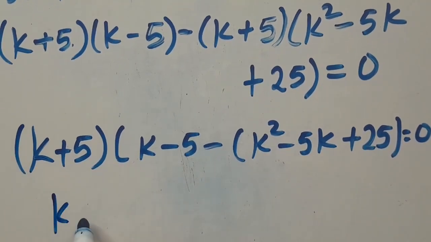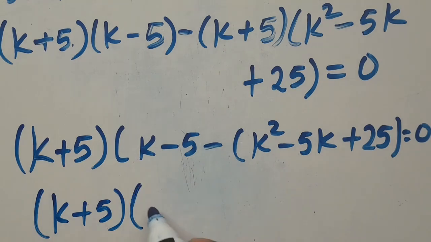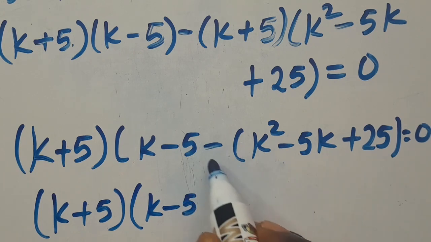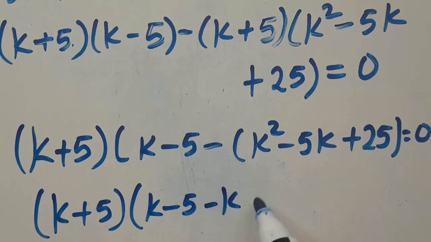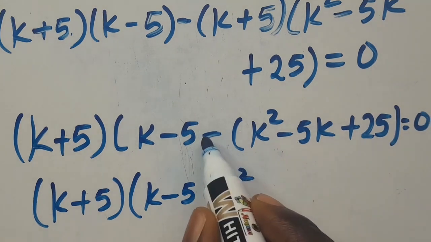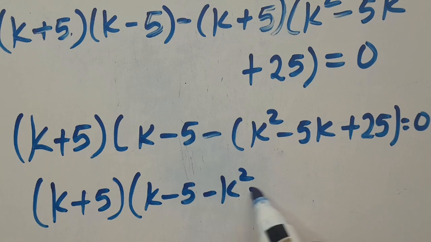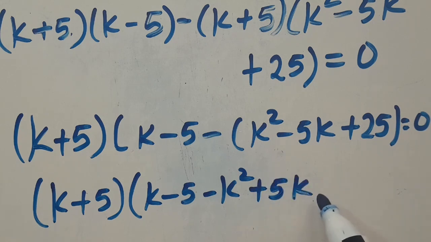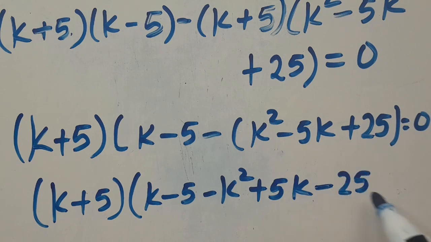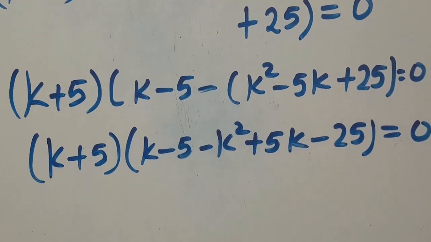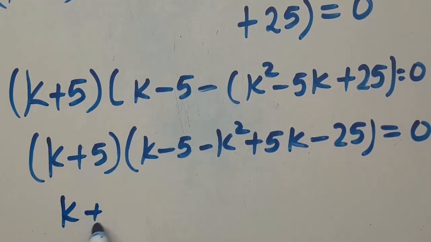From here, we have k plus 5. Then again multiply by k minus 5. Let's open the bracket with minus. Minus times this will be minus k square. Minus times minus 5k will be plus 5k. Minus times plus 25 will be minus 25. We close it. Then we set everything to be equal 0. From here we have k plus 5, all in bracket.